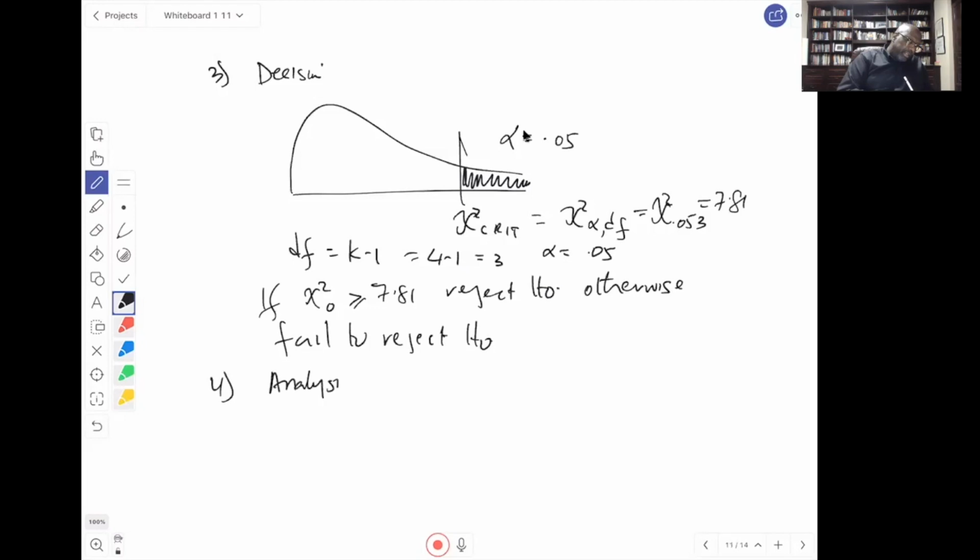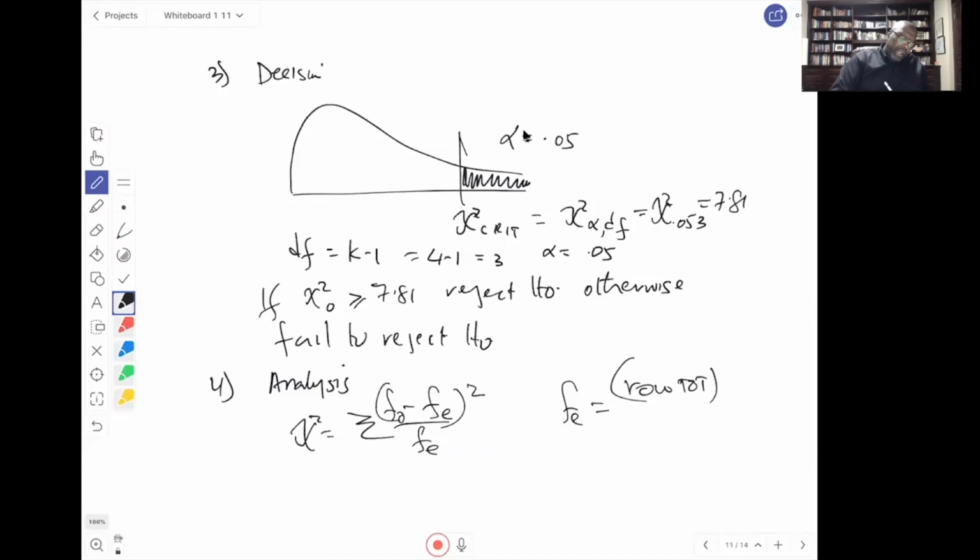Analysis. So calculated earlier, chi-squared, which is FO minus FE squared over FE, where FE is the row total times the column total divided by the sample size or grand total.